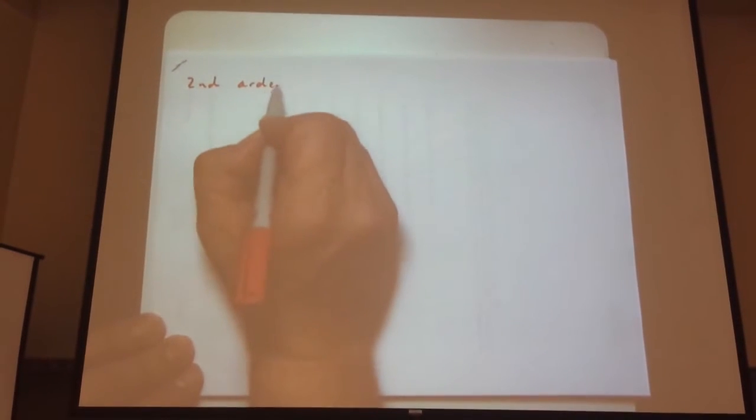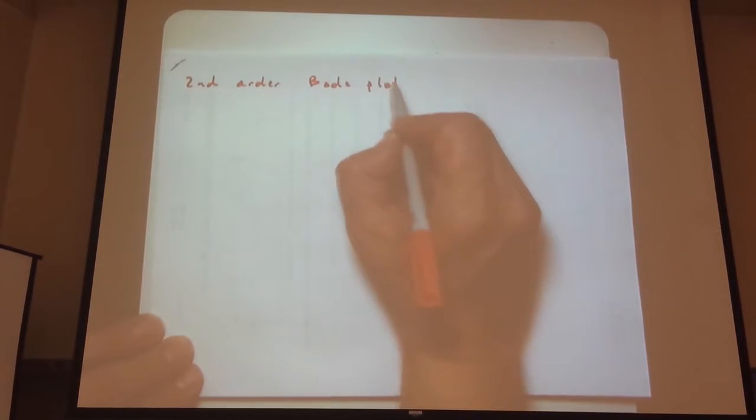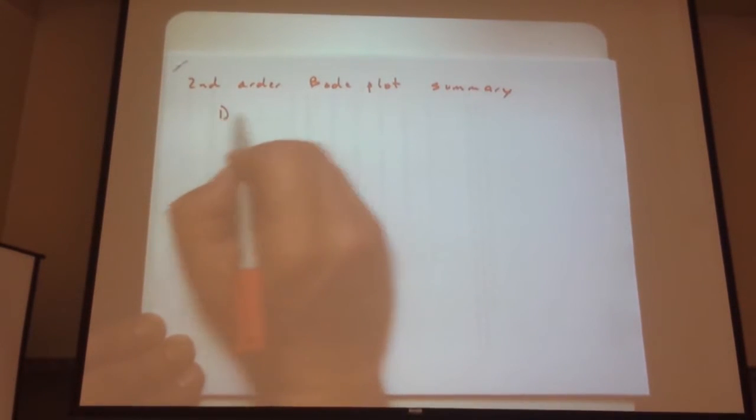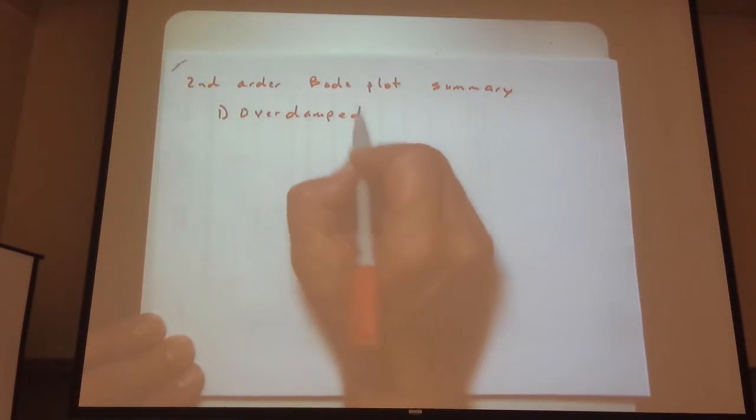A little bit of a summary with our second order circuits. Second order Bode plot summary. Overdamped. Find the poles.